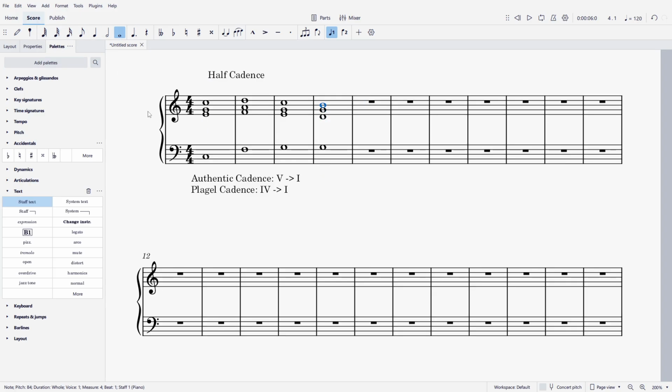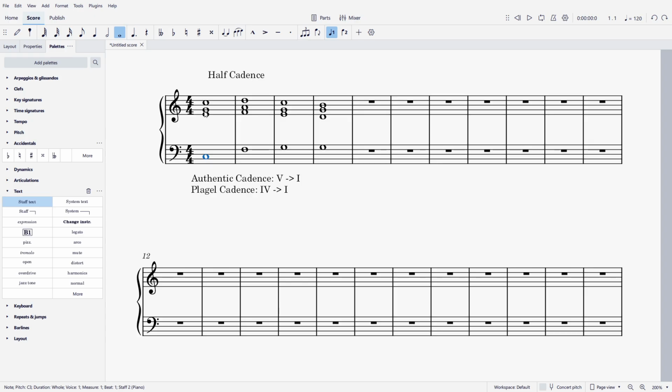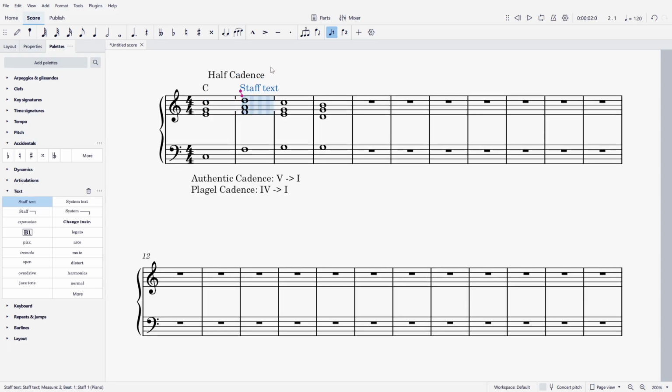So that would be a C chord. D minor 6th. C 6/4 technically.